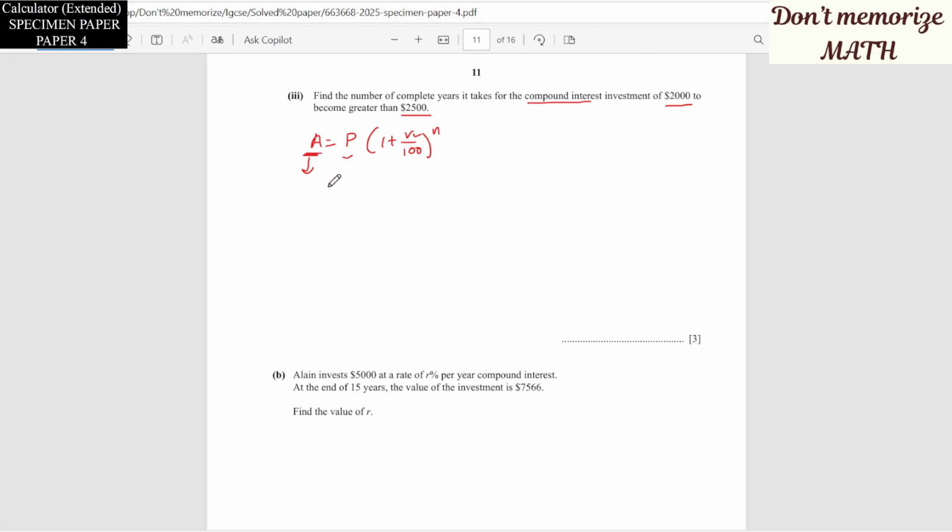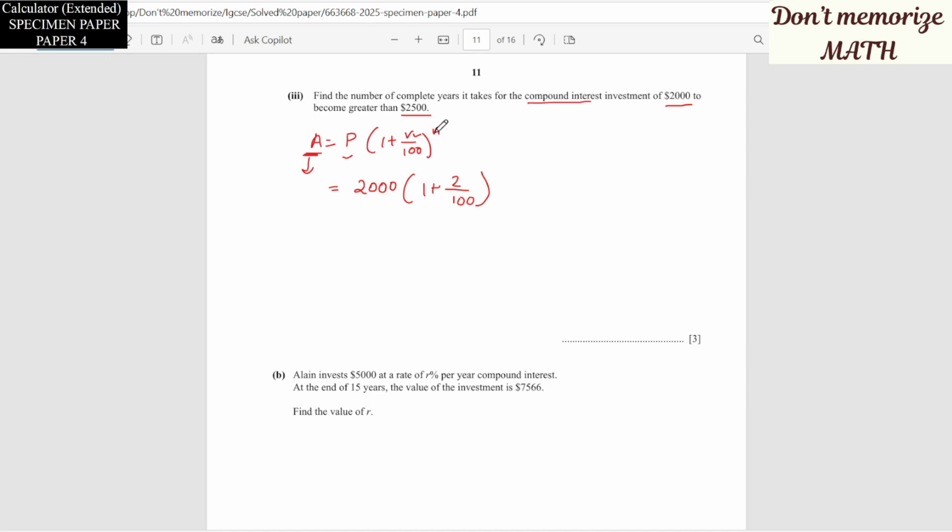So the amount we don't know, P is 2,000 times 1 plus R, 2 over 100, raised to n. N also we need to find. So take your calculator. Press 2000, open the bracket, 1 plus fraction button 2 over 100, close the bracket, power 8.